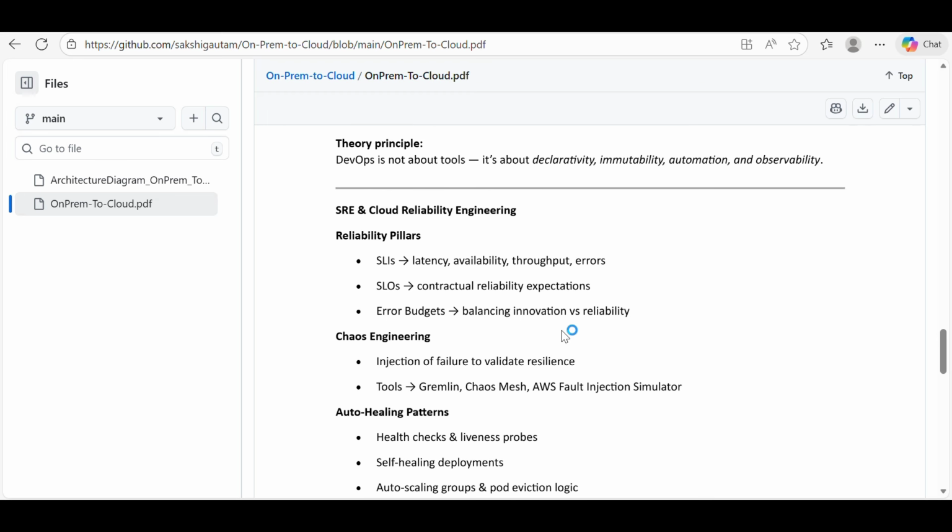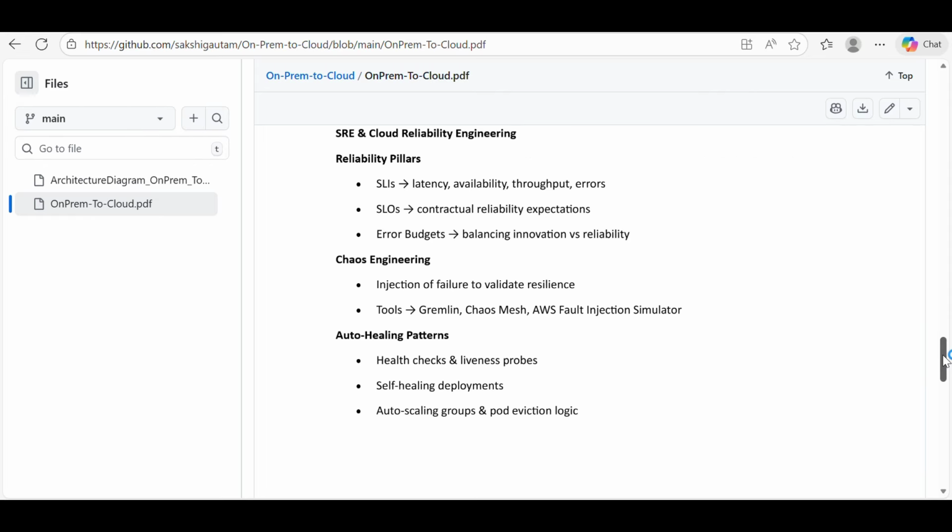Then SRE, site reliability engineering, and cloud reliability. The SRE scope covers how our application is performing, with logging and tracing. We do chaos engineering, which is injecting failure to validate resilience. We have tools for this.